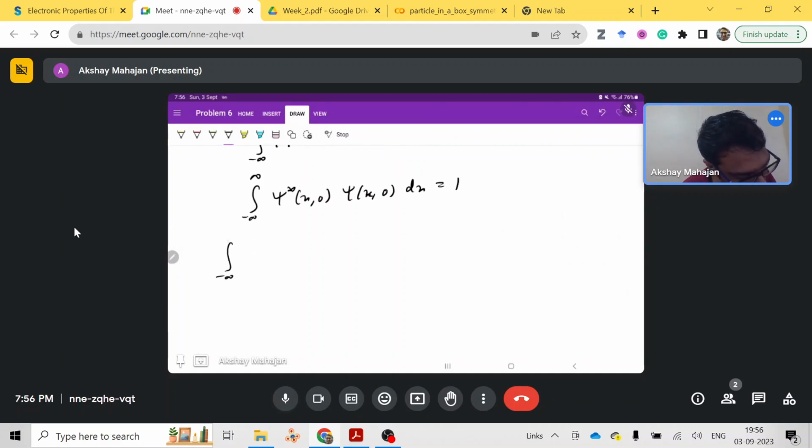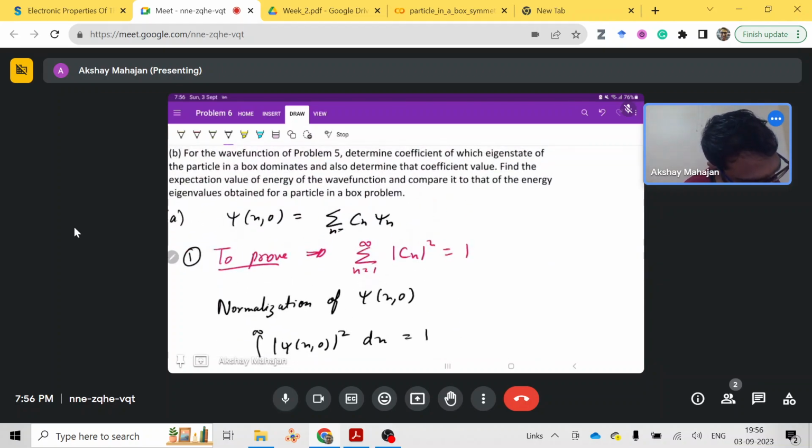Then we will use the definition of psi x comma 0, which is summation over say m equals to 1 to infinity cm times psi m. Our psi is given as summation of n equal 1 to infinity. So this is given to us. Let me just write it here and write that this is given to us.